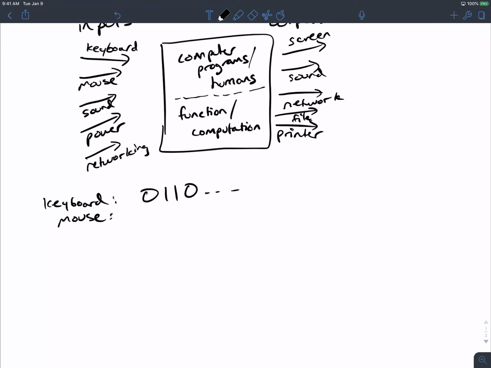Let's just do 3 to make it easy. And then the mouse is 1, 0, 1, 1 stuff. And then the sound is 0, 0, 1, 1 stuff. How can I merge these 3 inputs into one gigantic input?